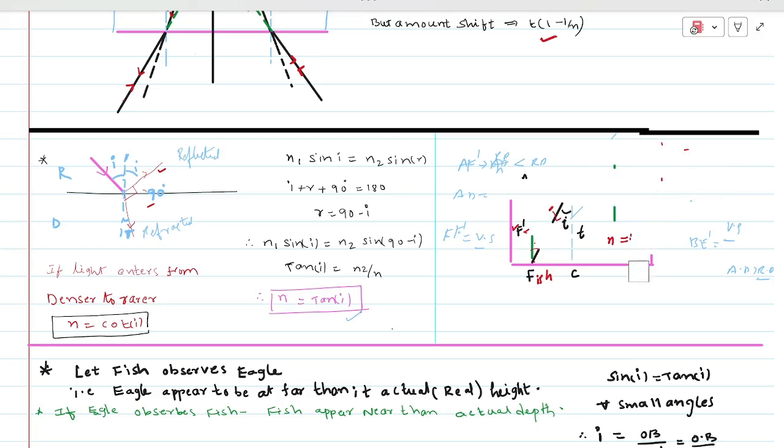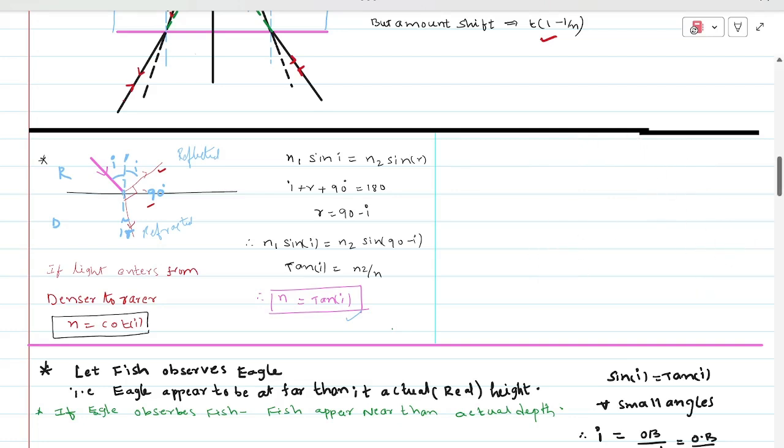So consider a glass slab here. Here is the fish. Here is the eagle at a distance. AE is the eagle position from the glass slab. So BF is the thickness of the glass slab, or the real depth of the fish.